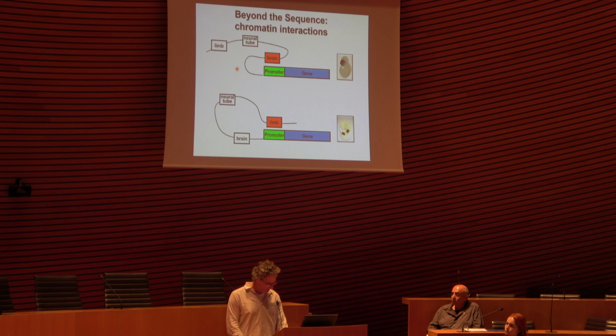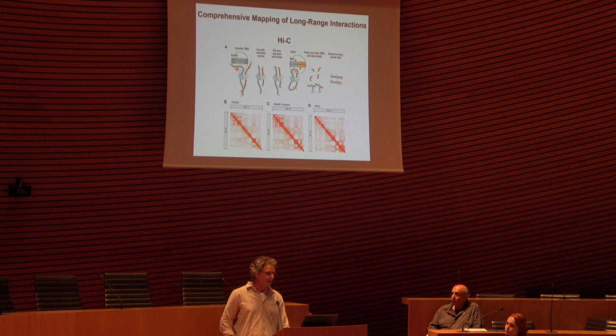One of the technologies that made, let's say, a paradigm shift, or really helped us understand how chromatin looping affects gene regulation, is all this chromatin conformation capture and other methods that are mainly based on massively parallel sequencing.